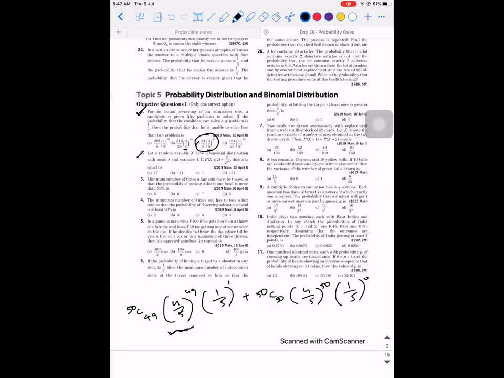So the next one will be an integer type. Let a random variable x have a binomial distribution with mean 8 and variance 4. Do you remember the formula for mean and variance?